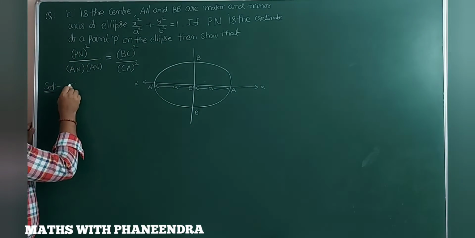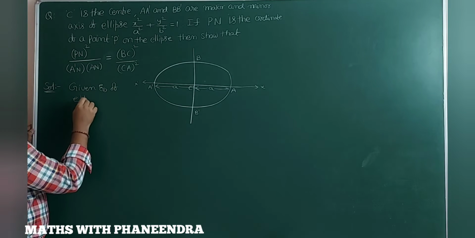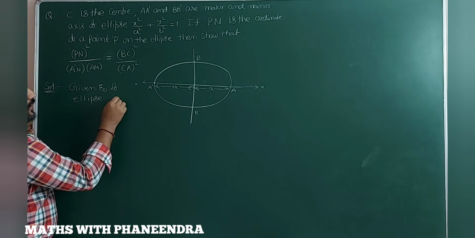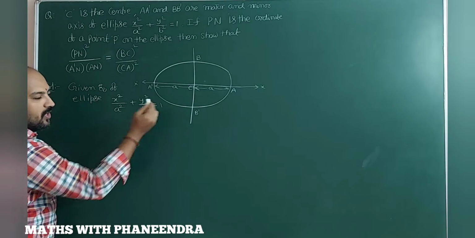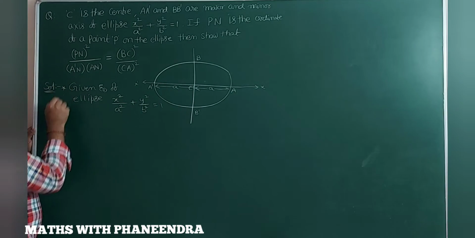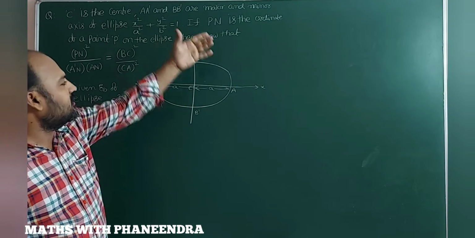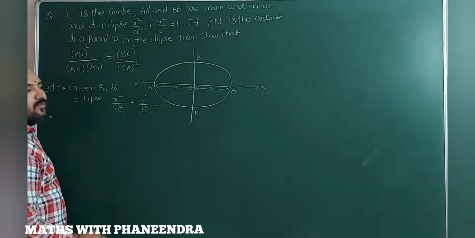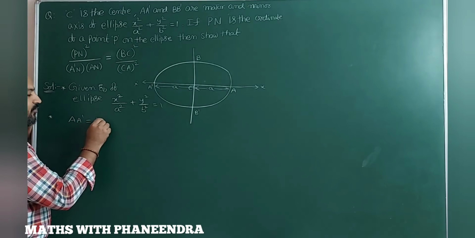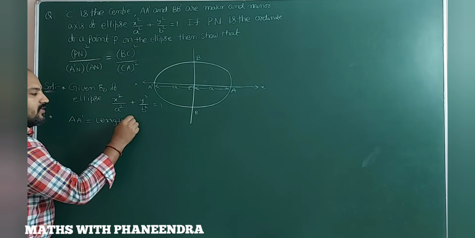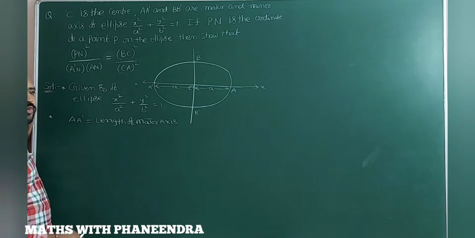So the given equation of the ellipse is x square by a square plus y square by b square is equal to 1. And one more piece of information is there. C is the center, A dash A and B dash B are the major axis and minor axis, whose lengths we can take. So A dash A is equal to the length of the major axis, that is 2a.